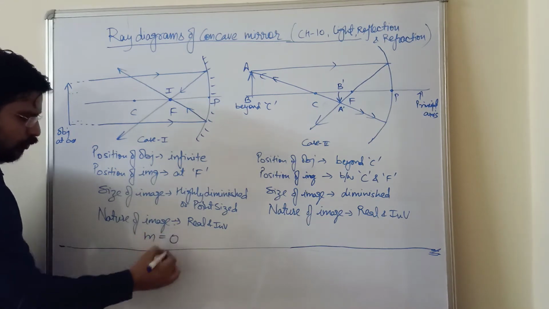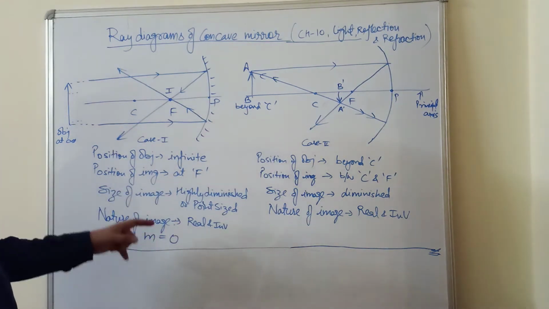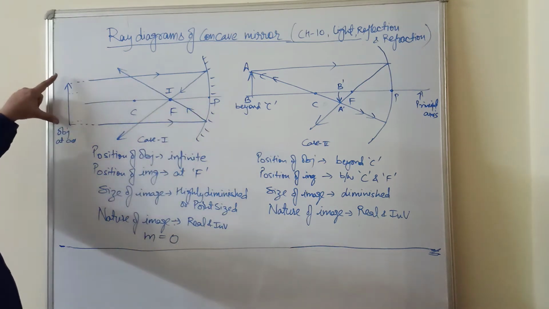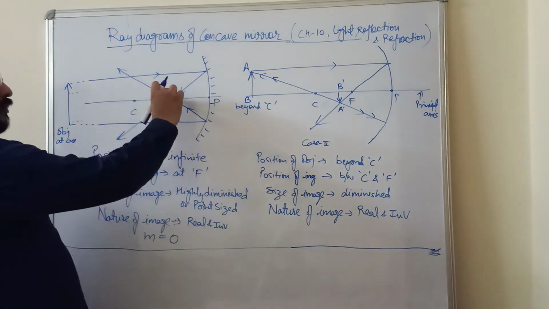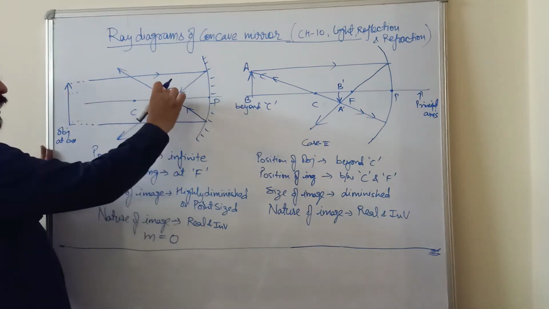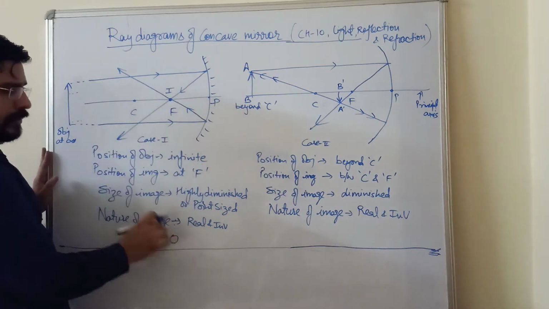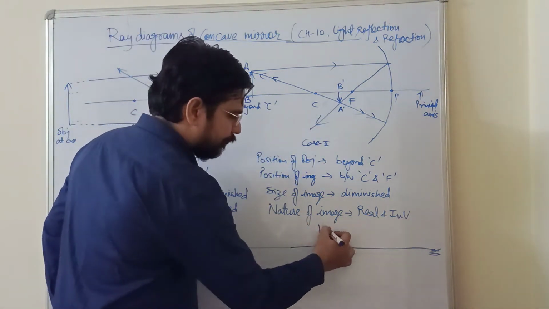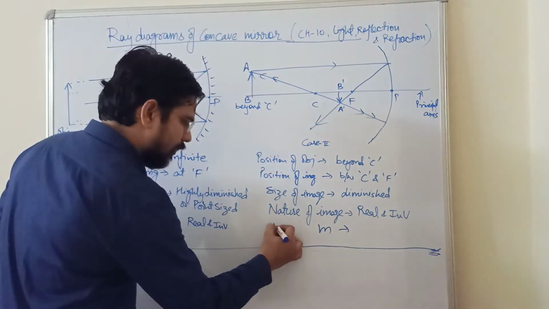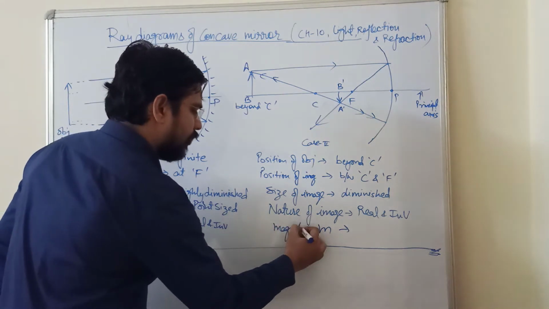One more point which we can remember with these diagrams is magnification. Magnification is defined as size of image divided by size of object.